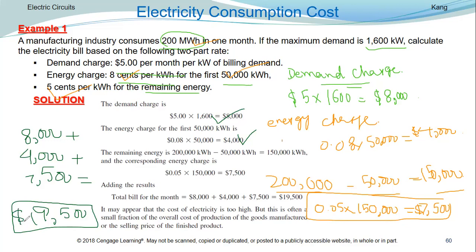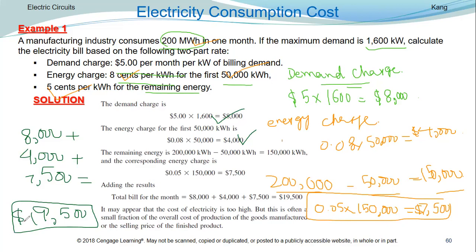So the total bill for the month is $19,500, made up of the demand charge of 8,000, the energy charge of 4,000, and the remaining energy charge of 7,500. These are the three major parameters to follow.